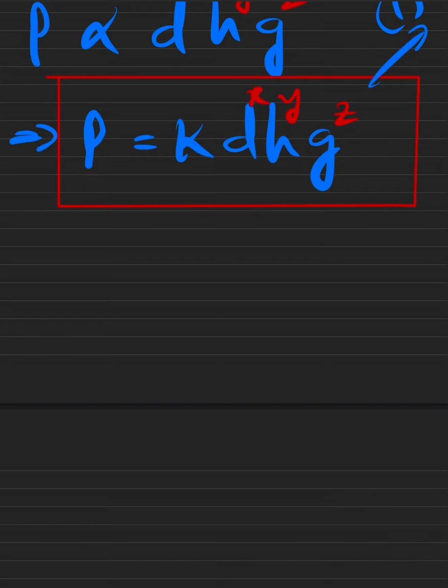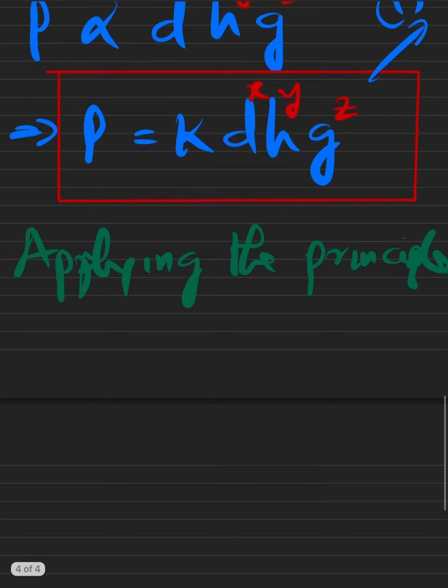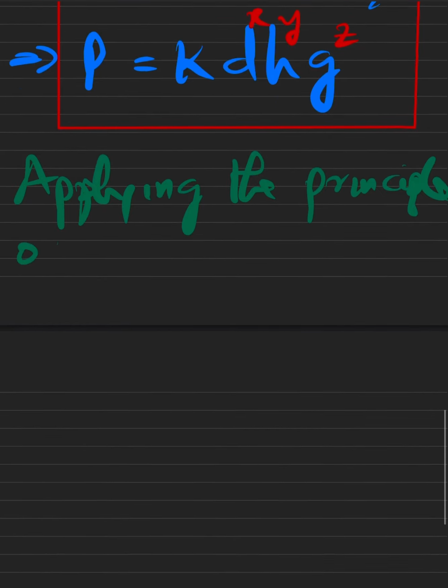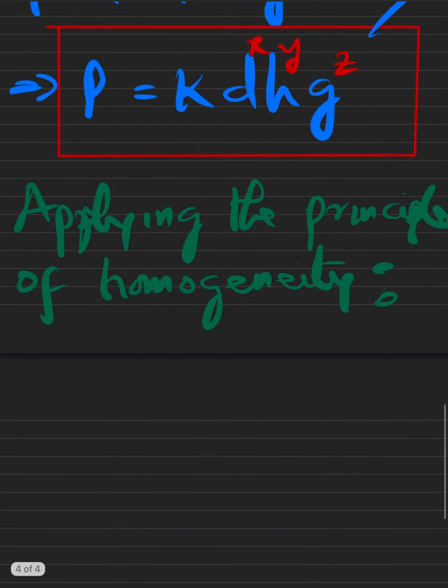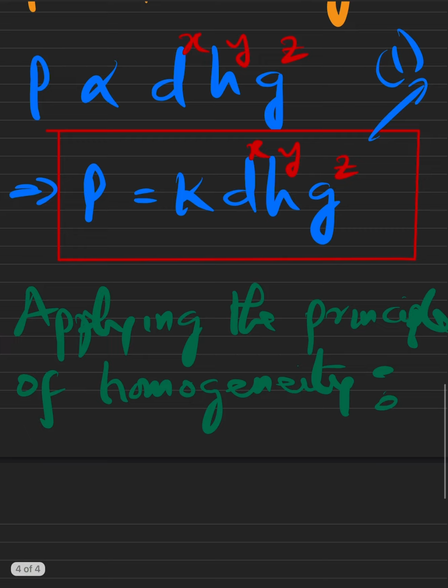So if you apply the principle of homogeneity, you are going to have a particular result. The result is going to be coming out from equation 1. Don't forget that it's equation 1.